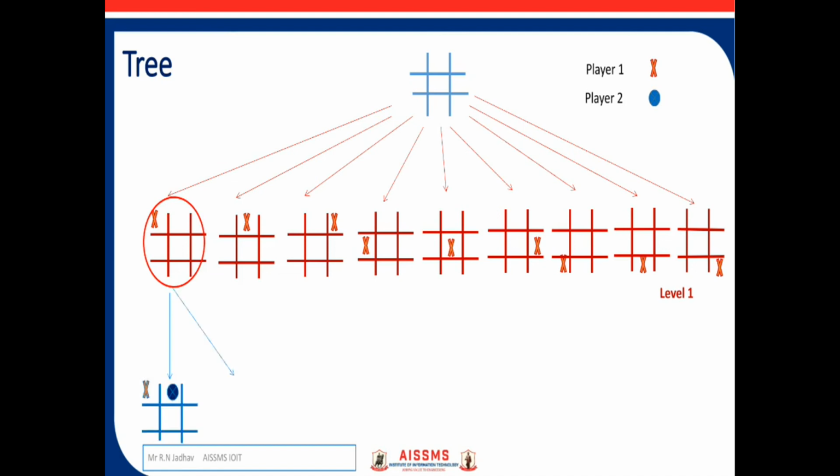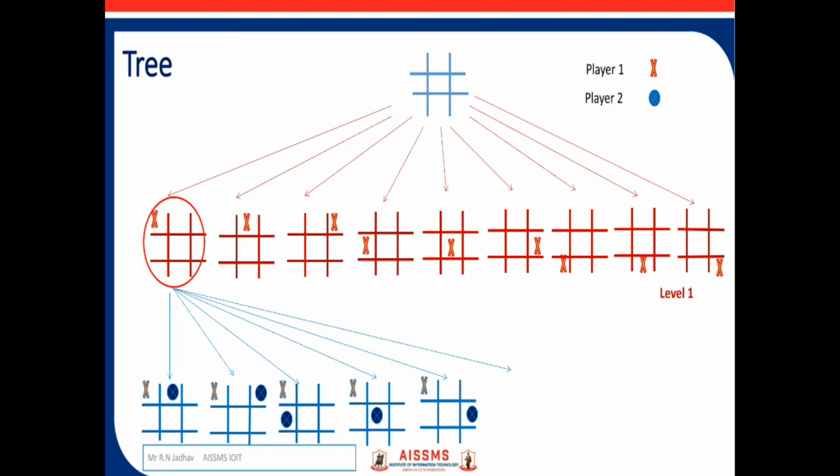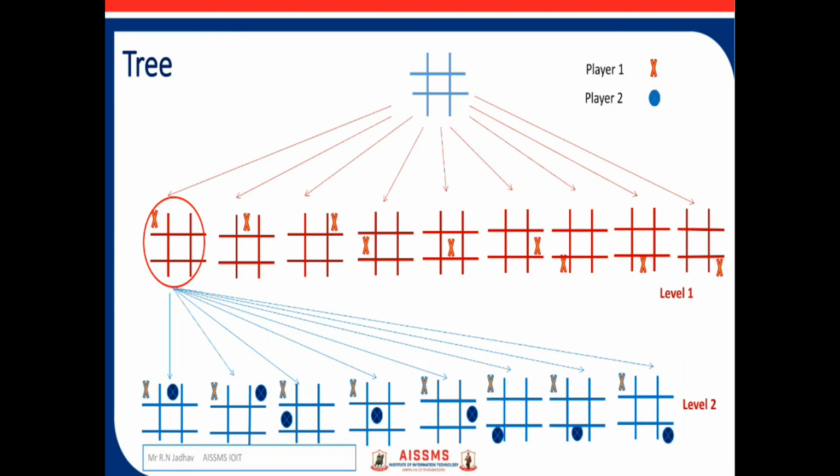So player 2 can put a circle in all these different possible places. So depending on which node is selected in level 1, all these possibilities will be available for player 2. So here we can see a structure like a tree where nodes are arranged in hierarchical manner, and at different levels we have different set of nodes.